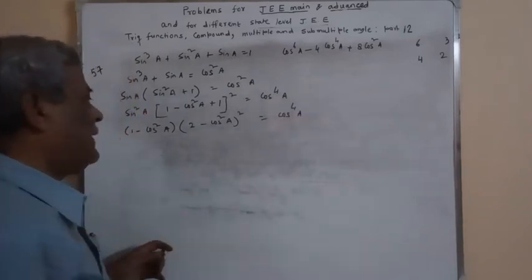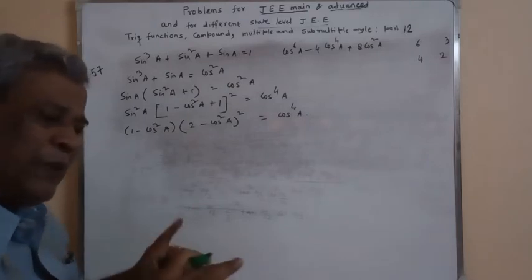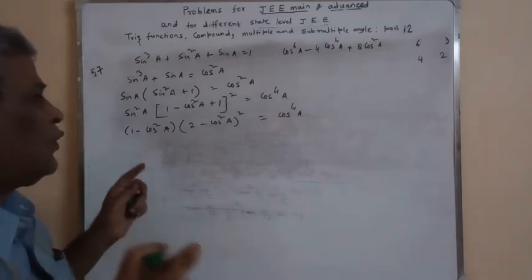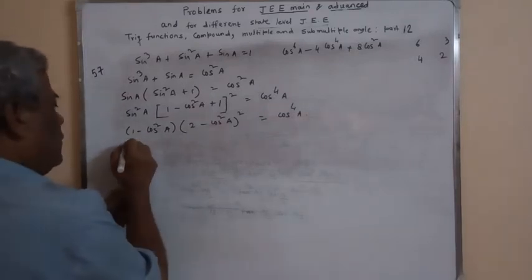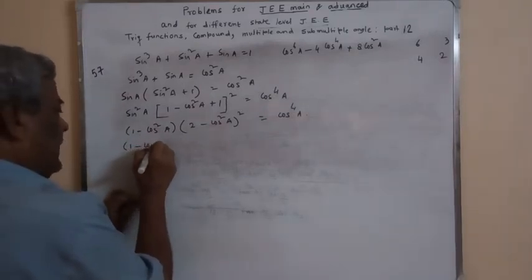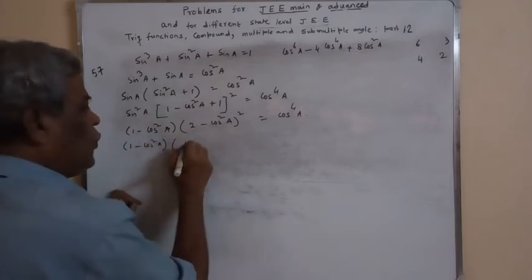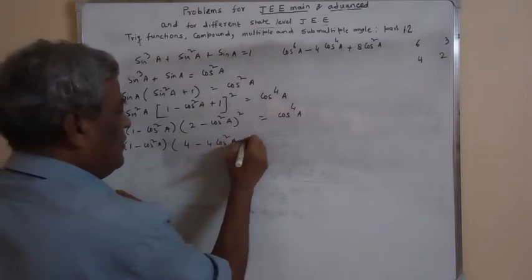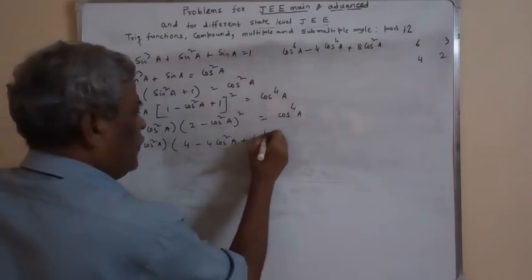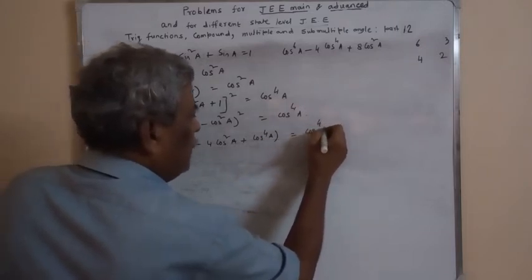Now we get a relation only between cos square, cos to the power 4, etc. Now simplifying it, 1 minus cos square A into this, which is 4 minus 4 cos square A plus cos to the power 4A, is equal to cos to the power 4A.